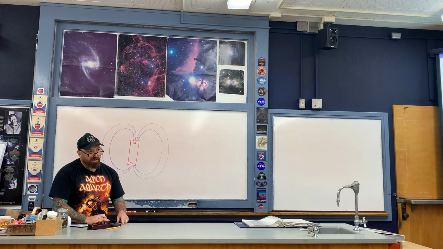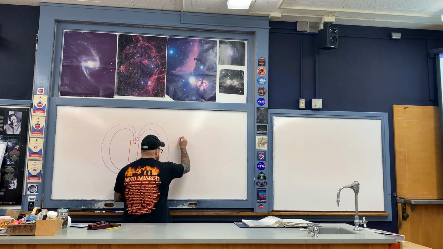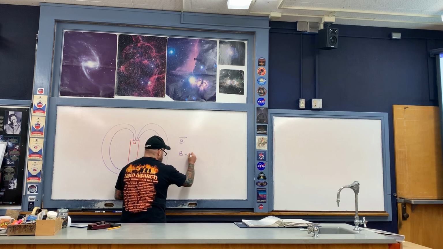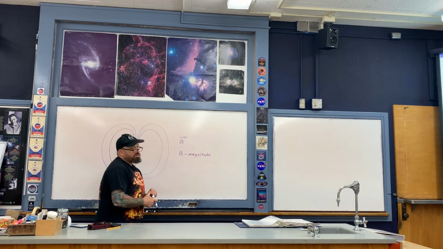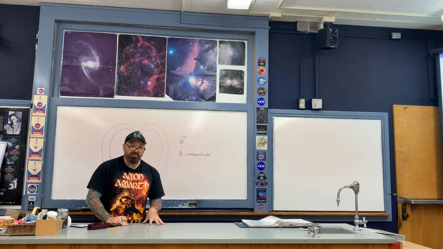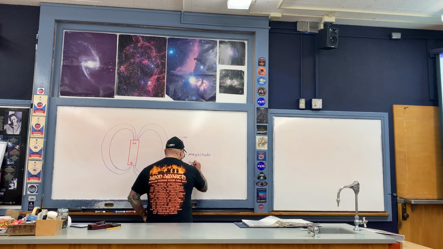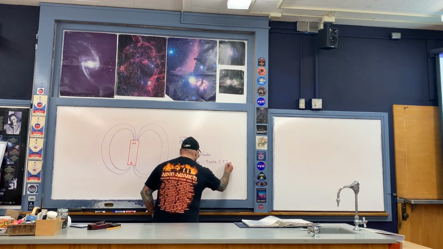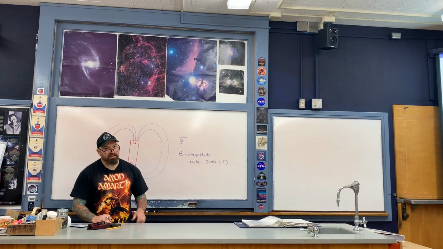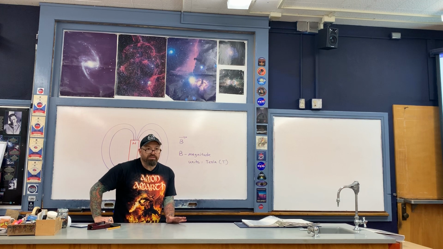We use the variable capital B to describe the magnetic field, the magnitude of which is just referred to as B. The metric SI unit associated with the B field is called the Tesla, abbreviated capital T. And in one of the mathematical examples that I'll do a little bit later on in the lecture, I'll give you an idea as to exactly what is meant by 1 Tesla.